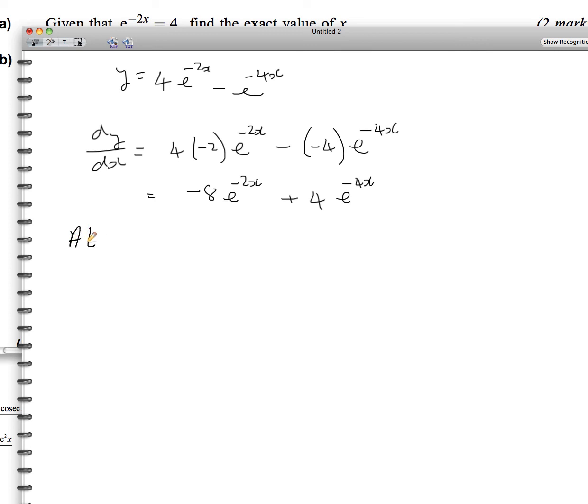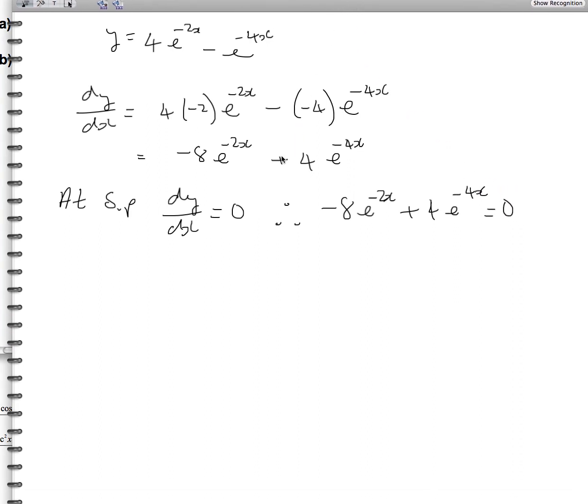At a stationary point dy by dx equals 0. Therefore minus 8 e to the minus 2x plus 4 e to the minus 4x equals 0.